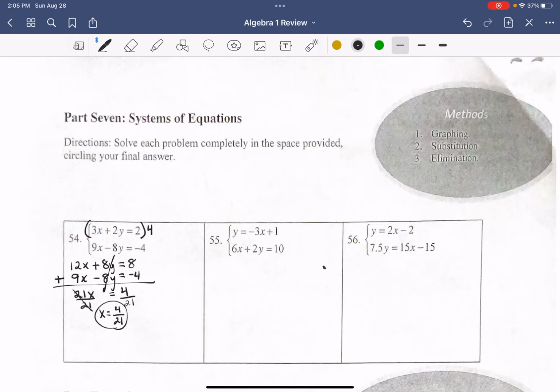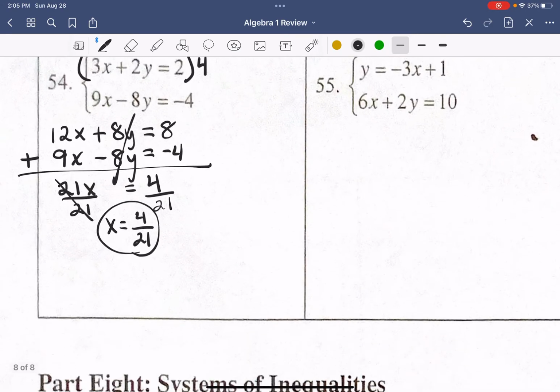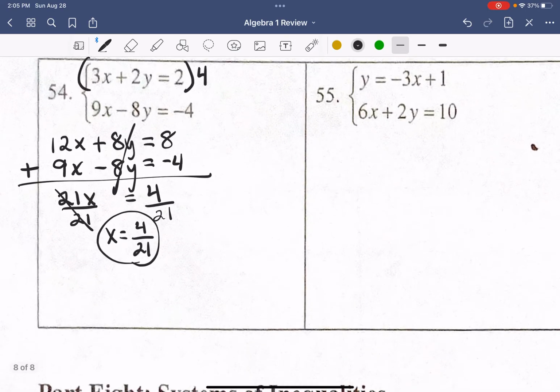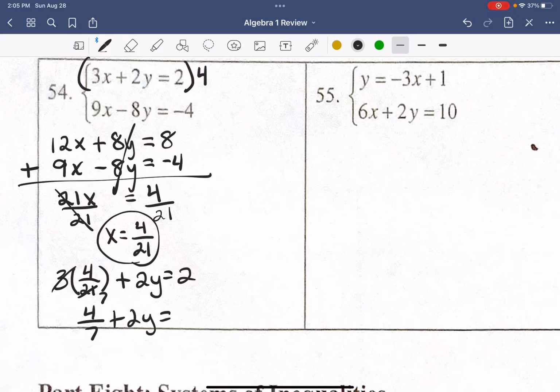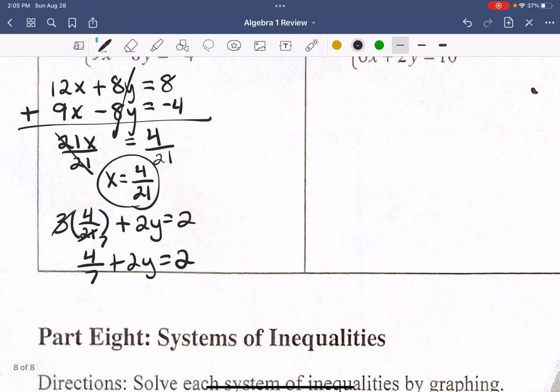I'm going to do the first equation because it has smaller numbers. So I have 3 times 4 over 21 plus 2y equals 2. The nice thing about this is I can do some canceling here. So I get 4 over 7 plus 2y equals 2. Like I said, not very nice.